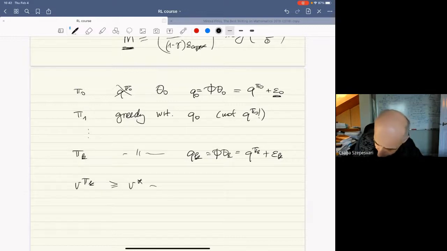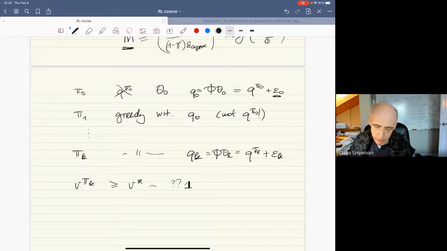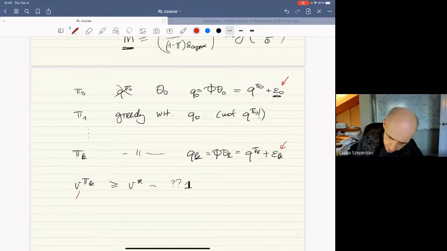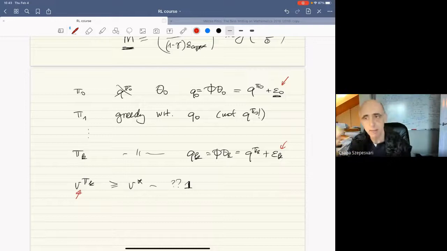So the suboptimality of these policies is in question. So far, what we were doing is controlling these errors. Is it sufficient to control these errors to conclude that the policy at the end is going to have a value function that is uniformly large everywhere?